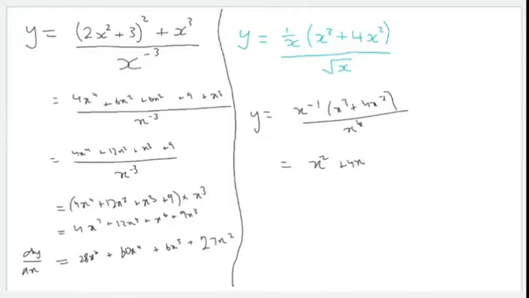Nice. So you turned it into x to the minus 1, x squared plus 4x.